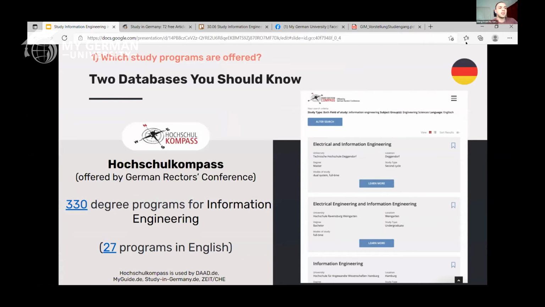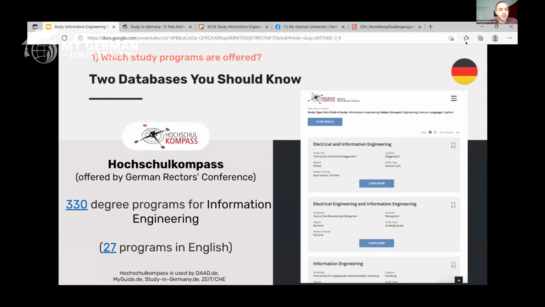But before that, dear attendees, I would like to introduce to you some interesting information. First of all, there are 2 databases that you should know about when you're searching for programs in Germany. If you're interested more in German-taught programs, then Hochschulkompass would be nice for you to use, and it's a database mostly for German-taught programs.